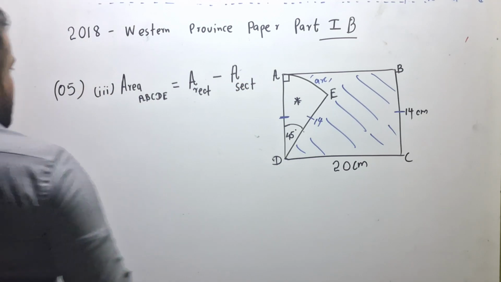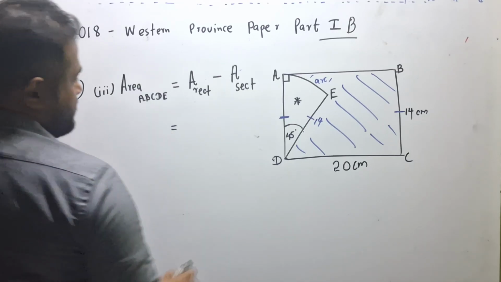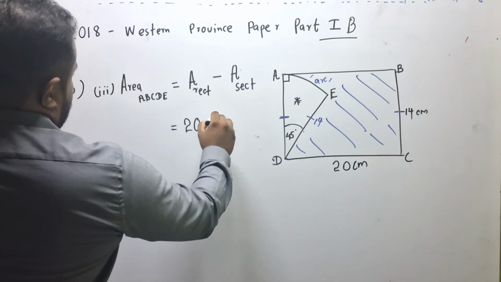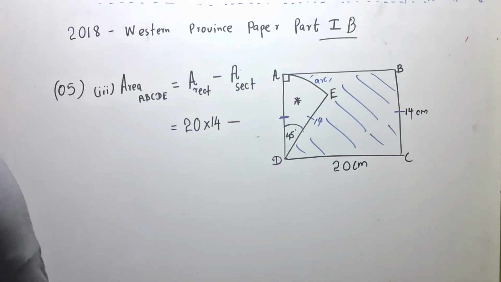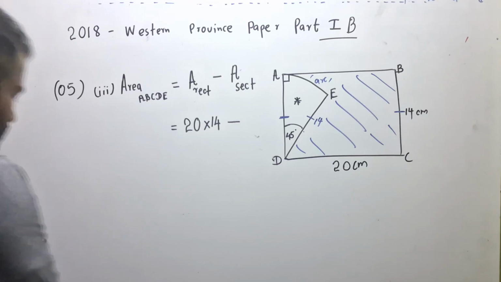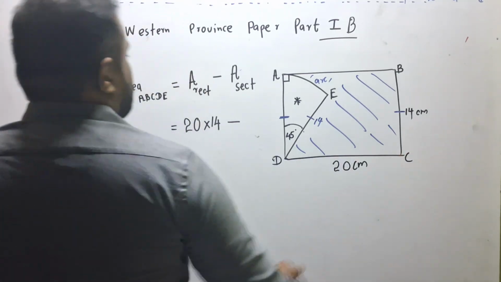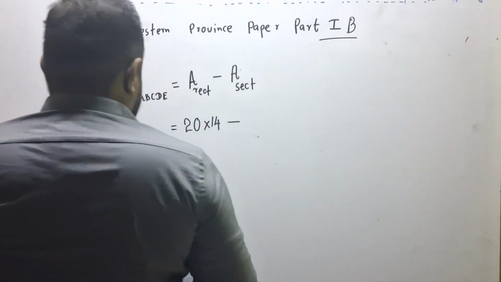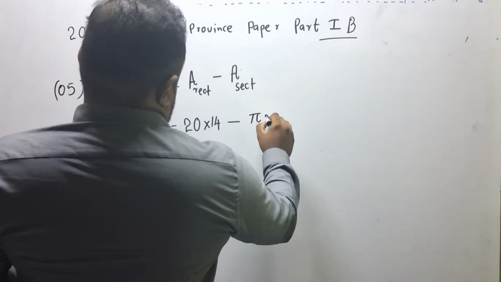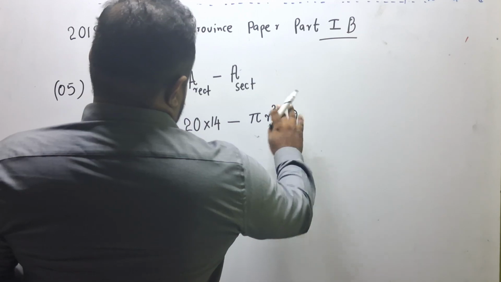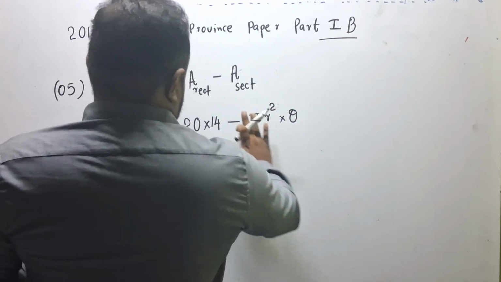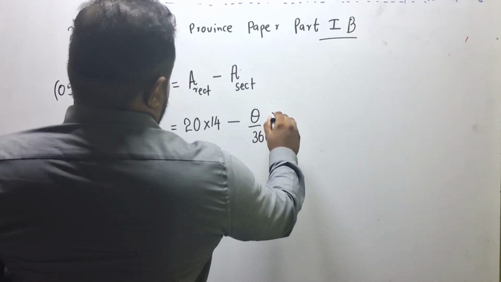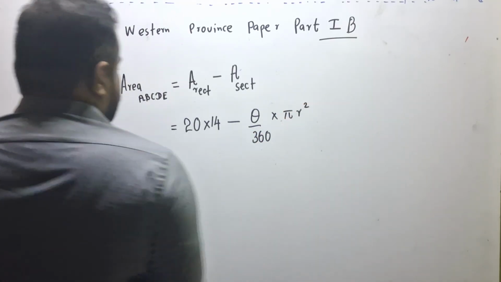How to find rectangular area? 20 times 14. 20 times 14 minus sector area. How to find sector area? I will write this formula: theta over 360 multiplied by πr squared.